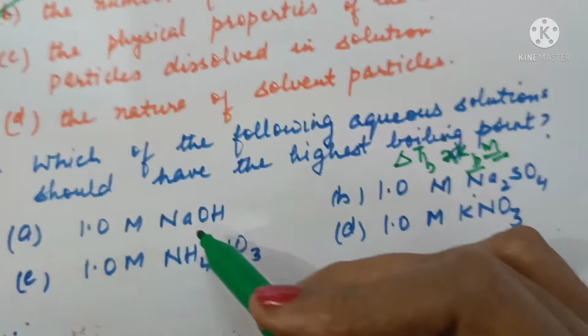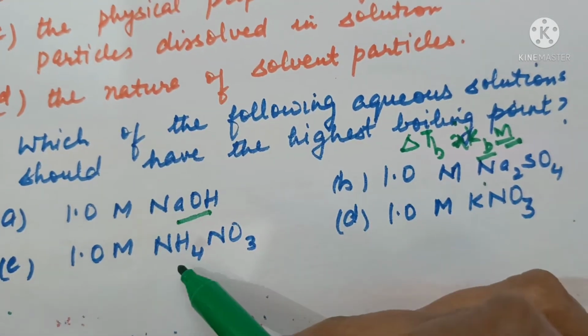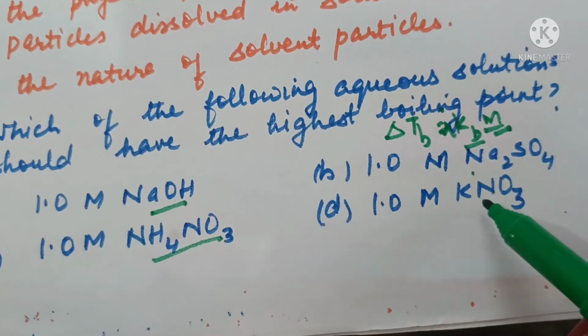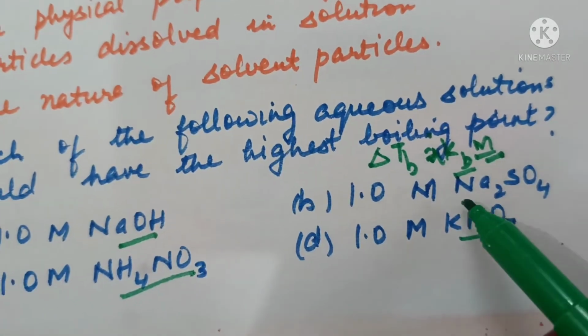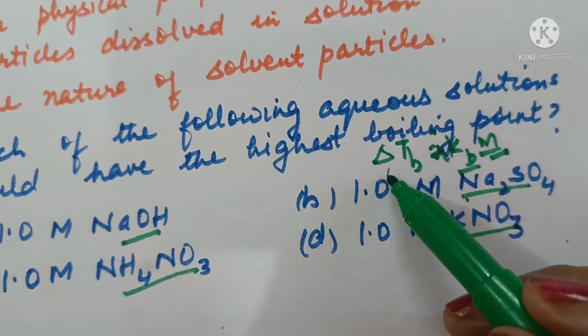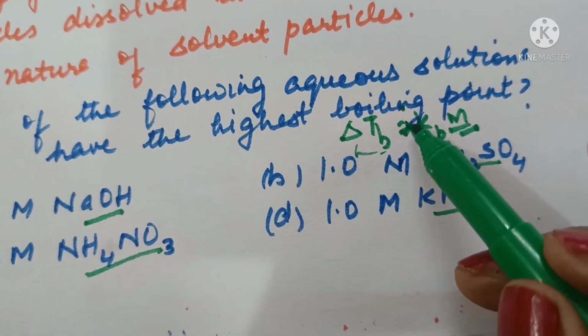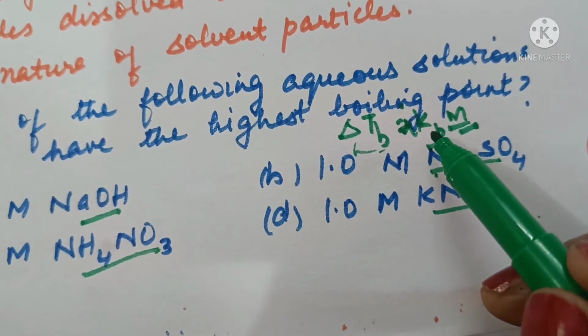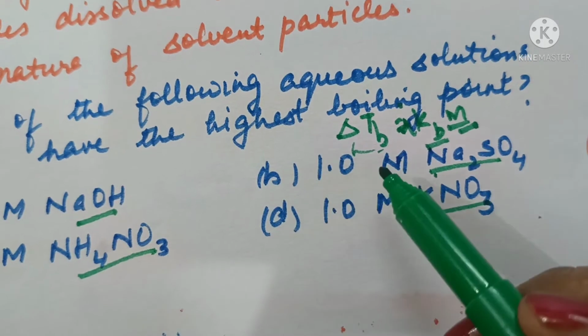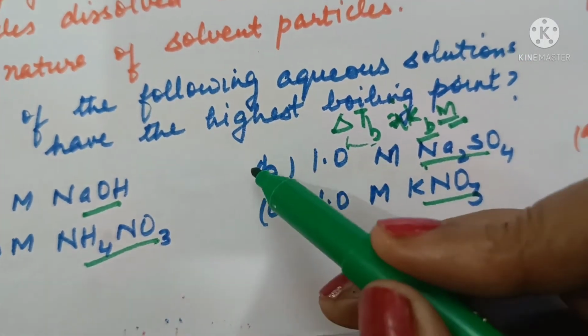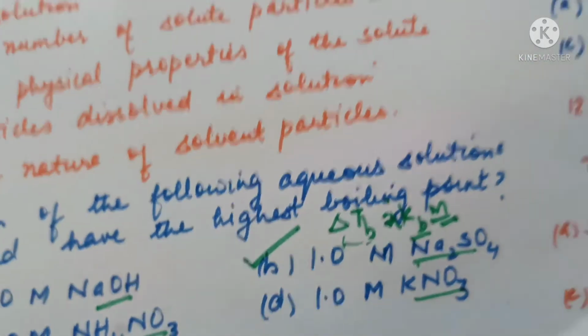Van't Hoff factor for NaOH is 2, for ammonium nitrate is 2, for KNO3 is 2, but for sodium sulfate is 3. So elevation increases with sodium sulfate because the Van't Hoff factor value increases. So highest boiling point will be of sodium sulfate. Option B is the correct answer.